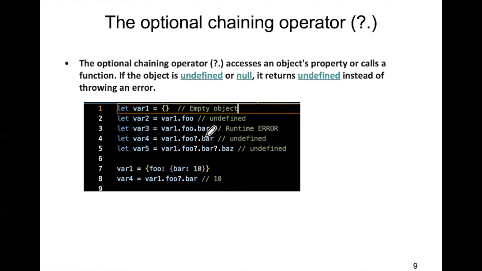It will essentially stop evaluating this entire expression once it realizes that there's the possibility of the exception being thrown. And so this entire expression is now just going to evaluate to undefined, and therefore we won't get an exception thrown. And you can chain these optional chaining operators as much as you want to.